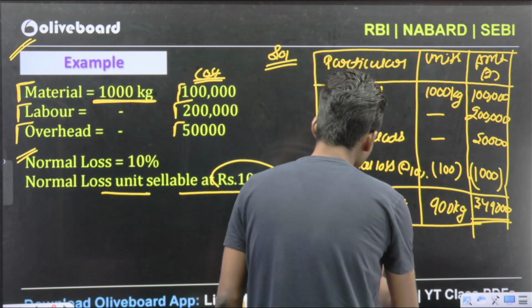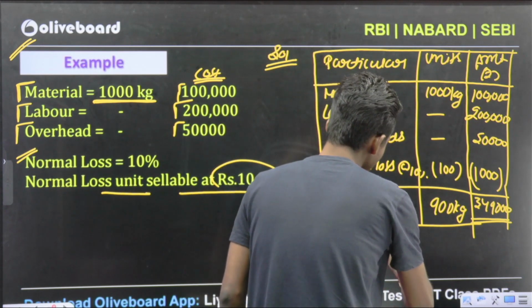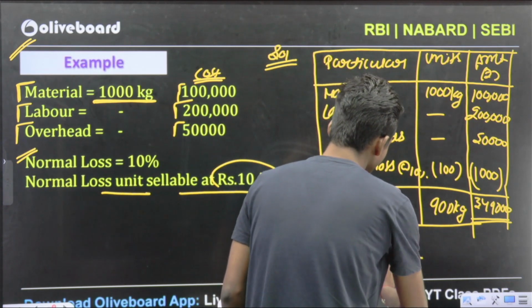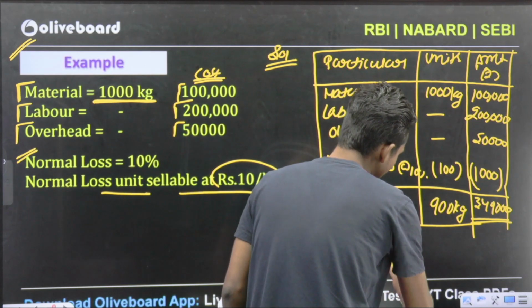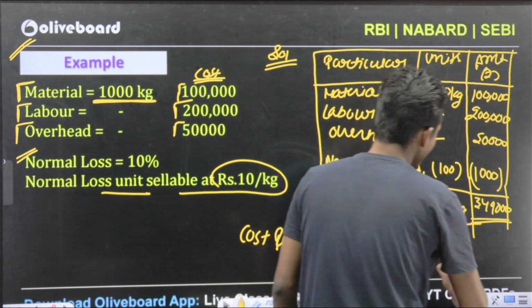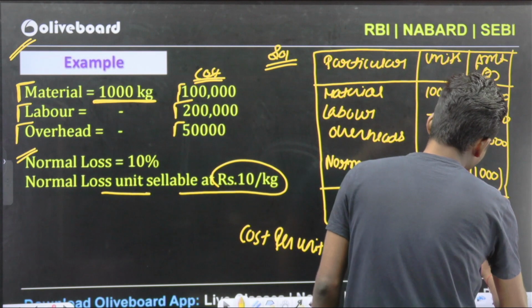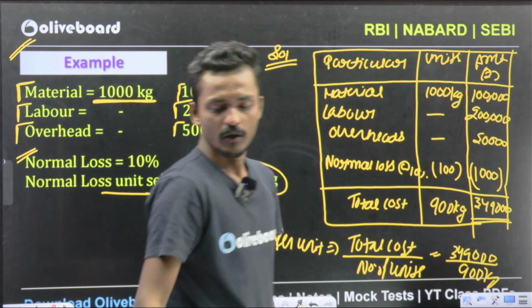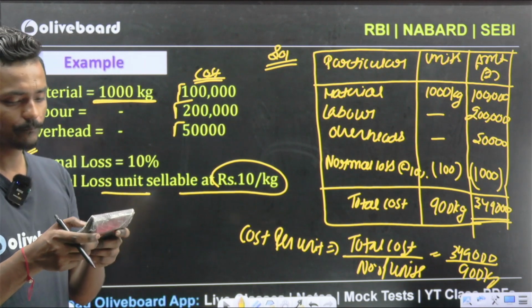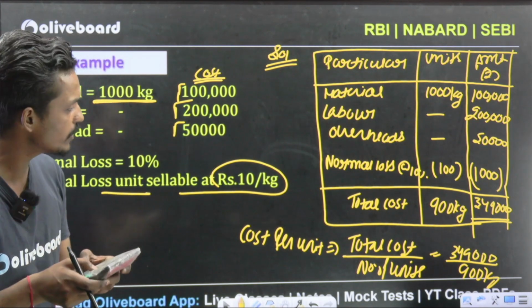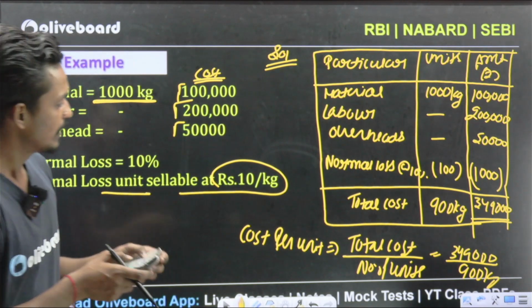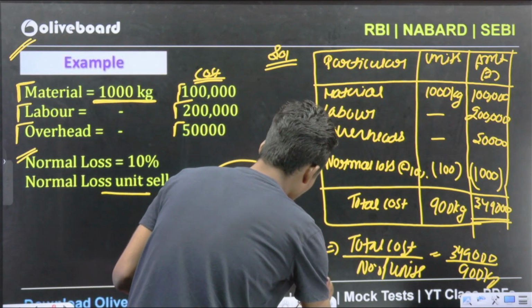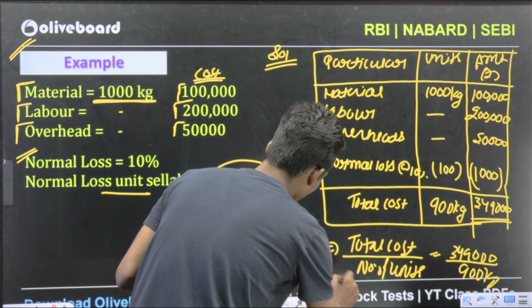You can simply divide the total cost by the number of units that you have produced. So you can simply have 3,49,000 out of 900 kg. So yes, for manufacturing one unit, you are incurring 387.7 per kg of the what, sir?